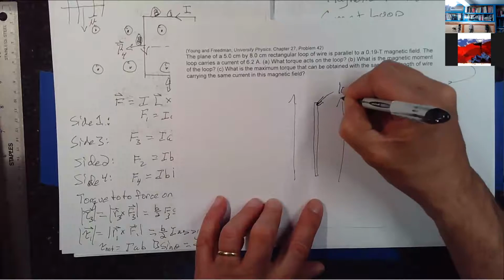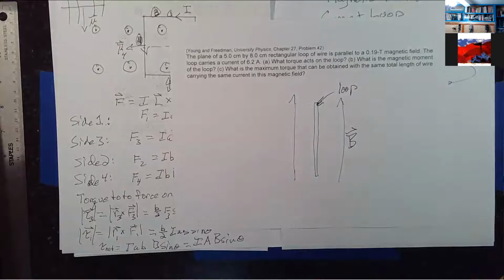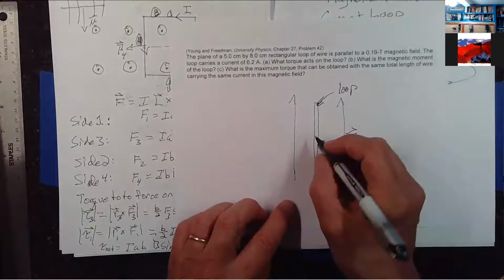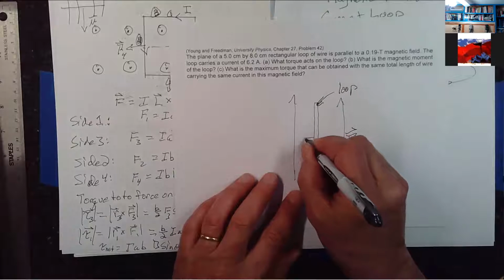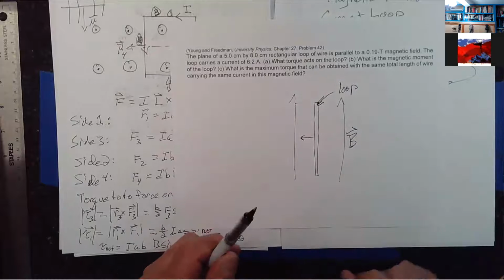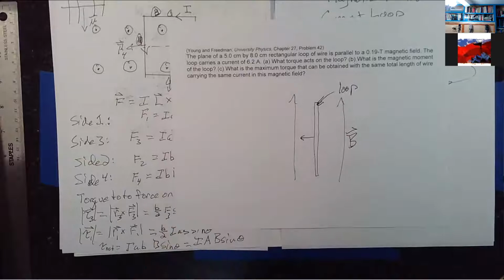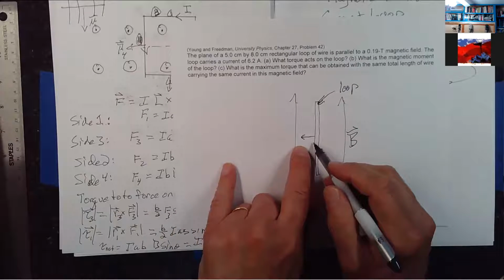So this is B in this case, and it carries a current of 6.2 amps, which is fairly hefty. Now, if this is the loop, the magnetic moment will either point this way or that way, depending on how we orient it. But no matter what it happens to be, there's going to be a pretty good torque on the thing.